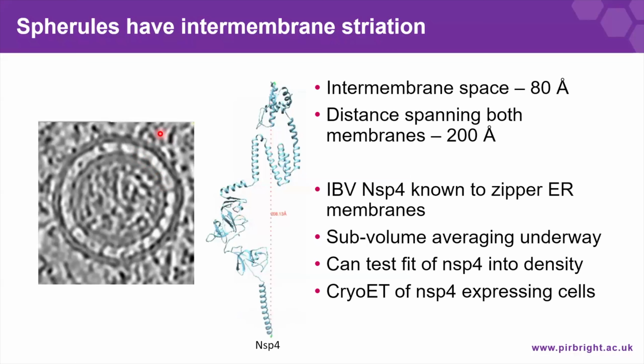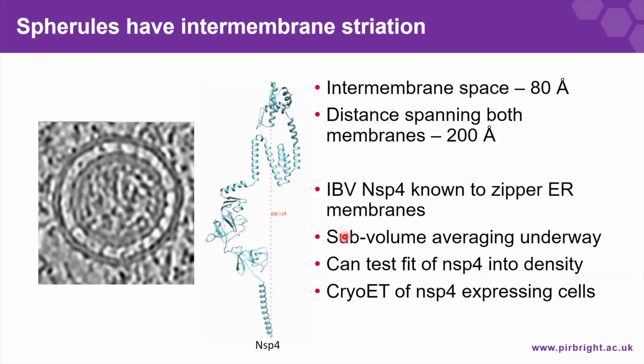We can take some fairly basic measurements from slices of the tomogram, and the distance from the outside through to the inside of the two membranes is approximately 200 angstroms, and the space between the two membranes is about 80 angstroms. We know from our earlier work that if you express NSP4 from IBV on its own, that zippers together the ER membranes.